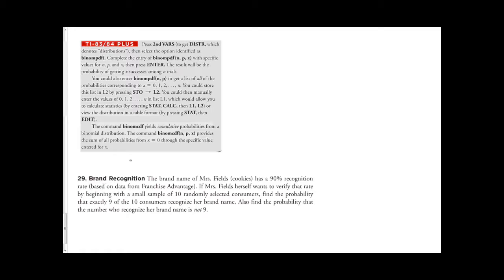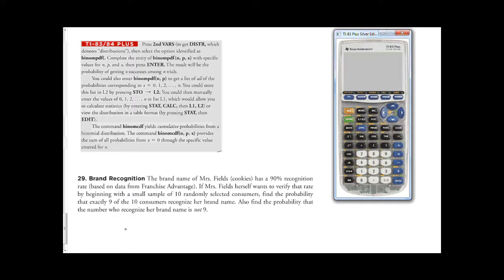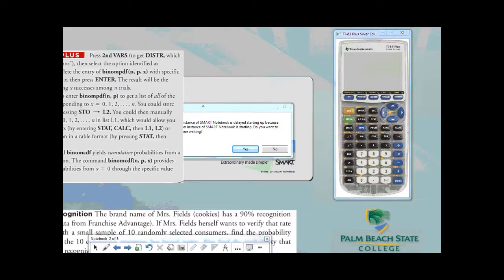So here's number 29, and here are the directions for doing it on the binomial. You can pause this video if you want. But let's take a look at this on the TI calculator here.